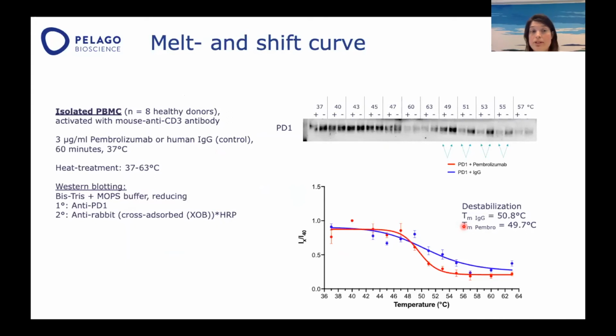The incubation was for 60 minutes at 37 degrees, and then we applied the heat, ranging from 37 to 63 degrees. The effect of Keytruda on PD-1 was a clear destabilization, starting from 50.8 Tm with just the control, that was then lowered to 49.7 Tm with antibody.